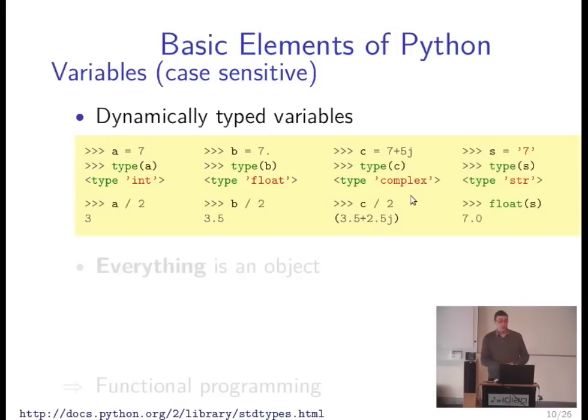And also there is an integrated string class, which you can generate using quotes. And in Python, there is no difference between single quotes and double quotes. So you can use both to indicate that it is a string.